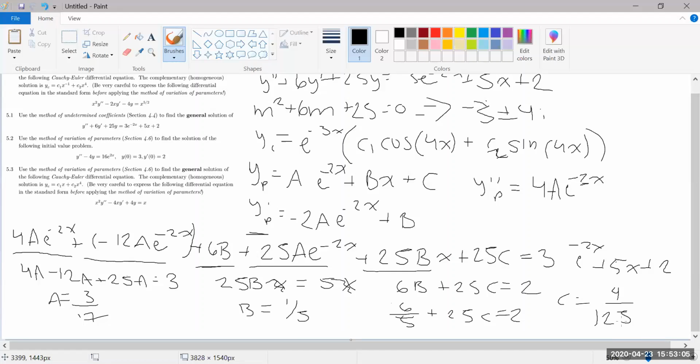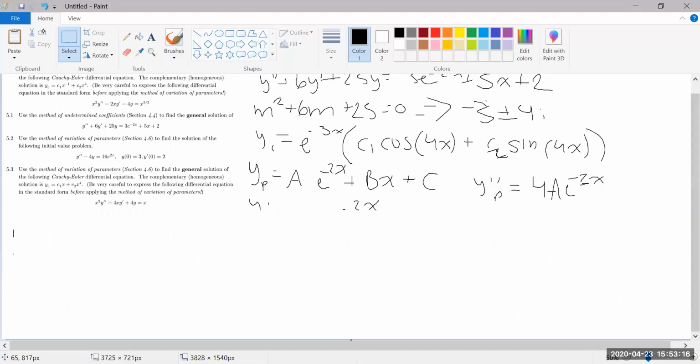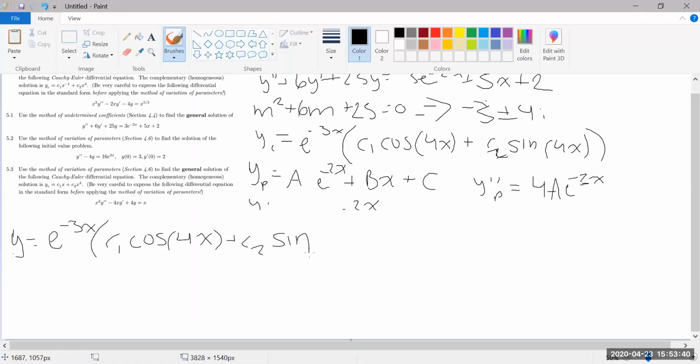Okay, and now that we have all of our coefficients, I'm going to make a little bit of room, and I'm going to rewrite the final solution. And so we have all our coefficients, so our y is going to equal our complementary solution, which was e to the negative 3x times c1 cosine 4x plus c2 sine 4x.